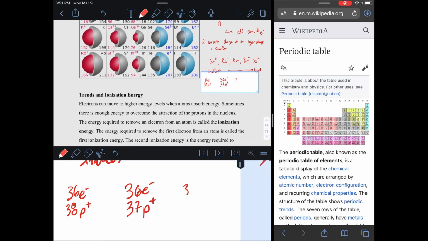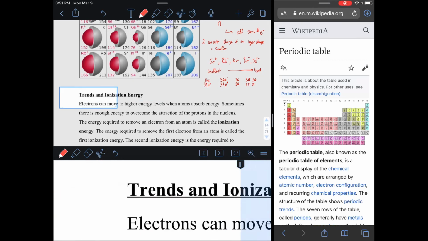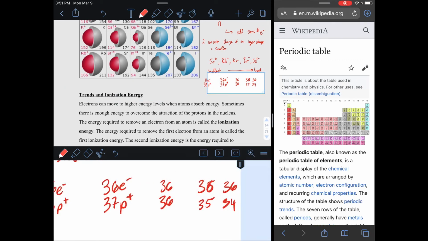All of these have 36 electrons, but different numbers of protons: 38, 37, 36, 35, 34.